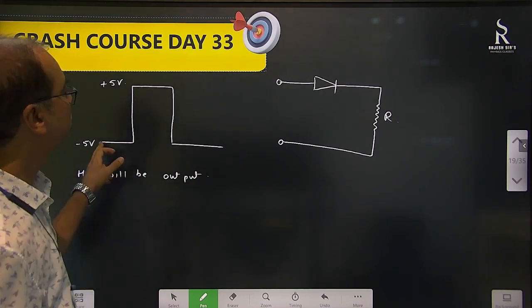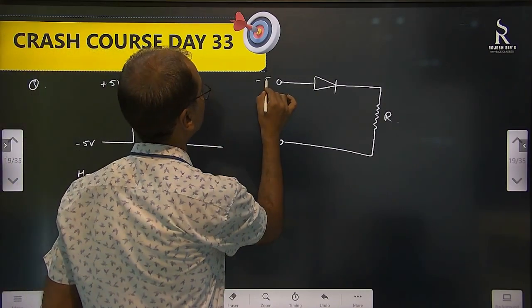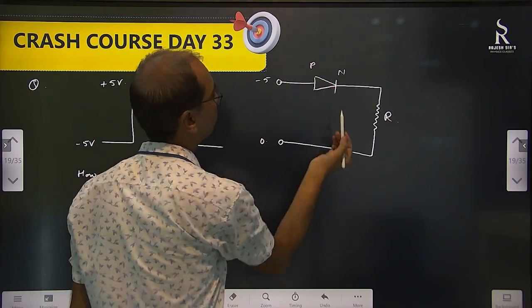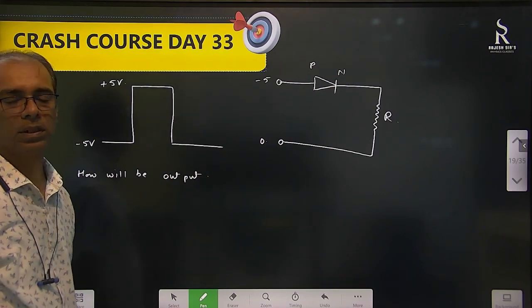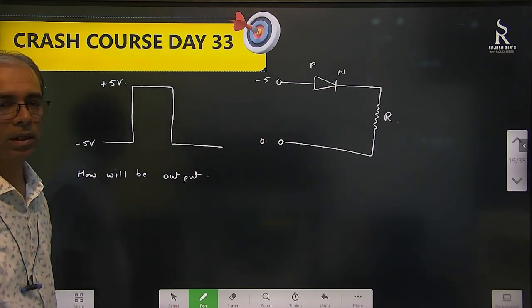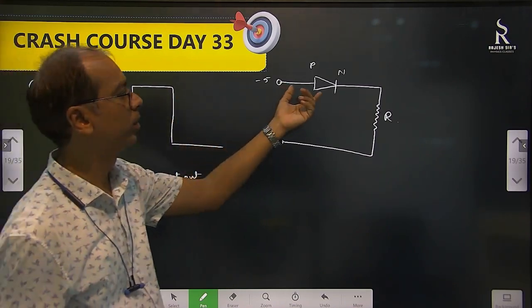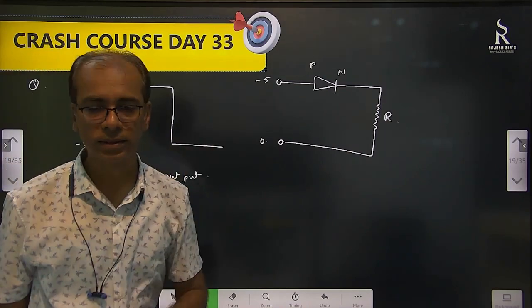So initially this is minus 5. First minus 5. So if suppose here minus 5, this is 0, and this is a PN junction diode. So what will happen? Nothing will come. It will not give you anything. Correct. When 5 volt will be there, then this will be forward bias. Then again this will be negative. Again it will be reverse bias.